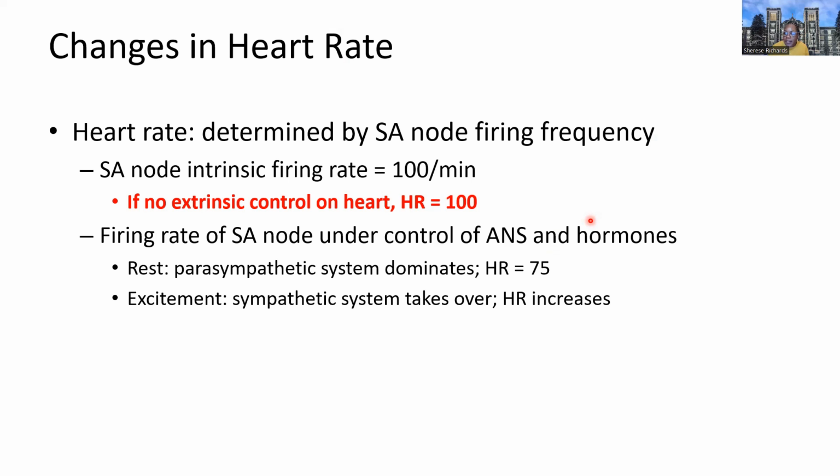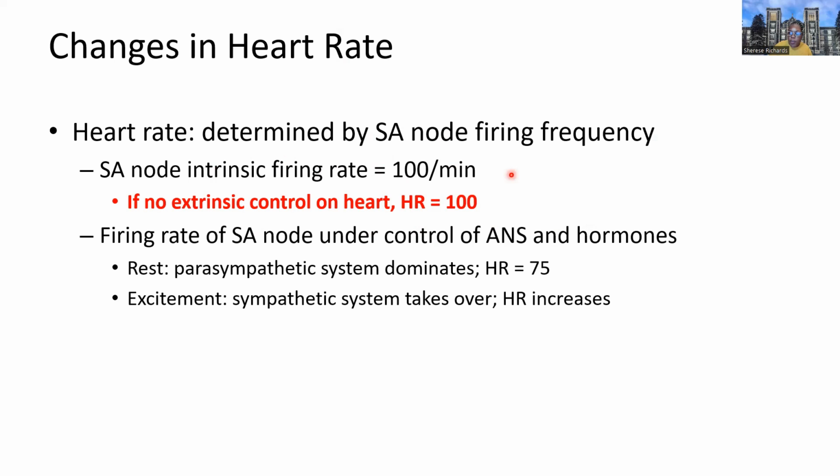Another way to simplify that concept is if you were to take an SA node cell out of your body and put it into a petri dish in a lab somewhere, it's going to generate an action potential, 100 of those in a minute, right? Because there's no extrinsic control on that SA nodal cell.